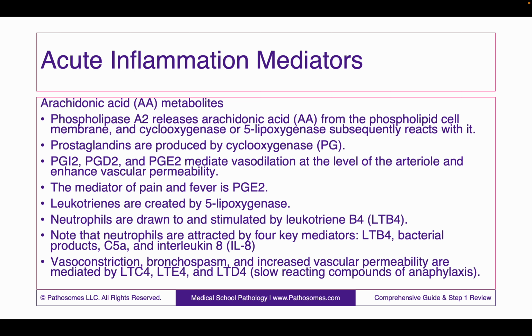PGI2, PGD2, and PGE2 mediate vasodilation at the level of the arteriole and enhance vascular permeability. The mediator of pain and fever is PGE2. Got that? The mediator of pain and fever is PGE2.